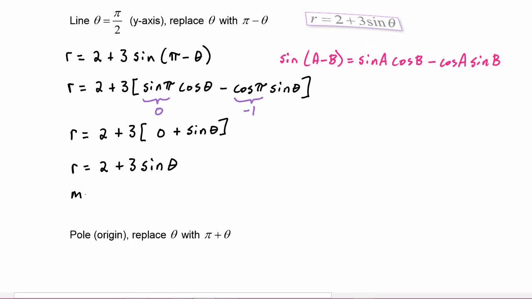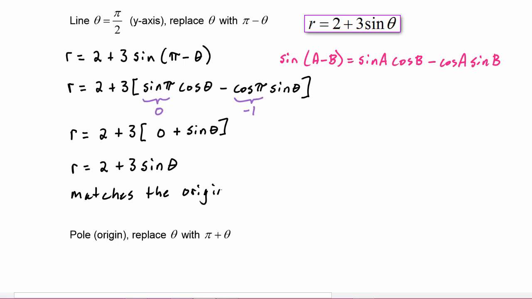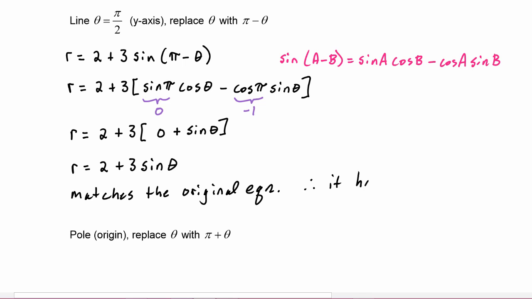And this matches the original equation. So therefore, it has theta equals pi over 2 symmetry.